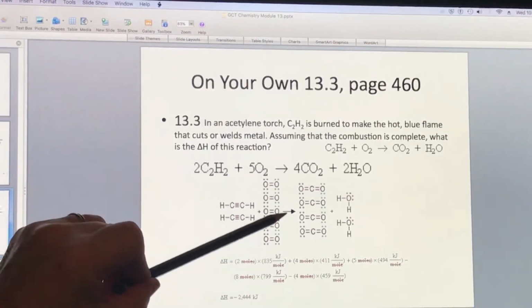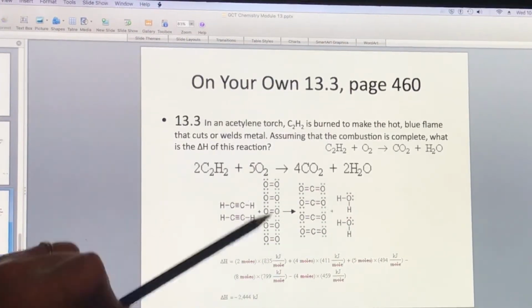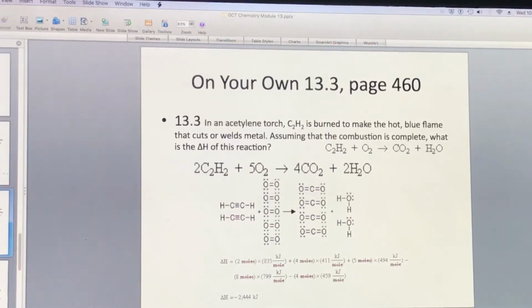So you get a total for all the reactants, and then you subtract the total for all the products. In this case, we have negative 2,444 kilojoules.